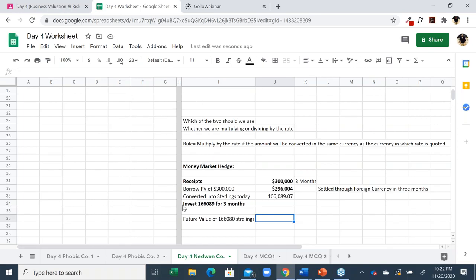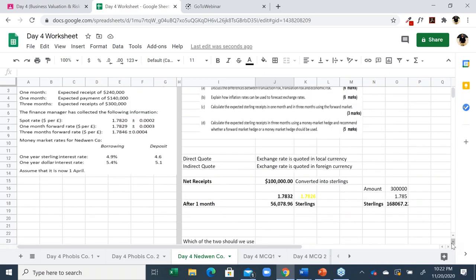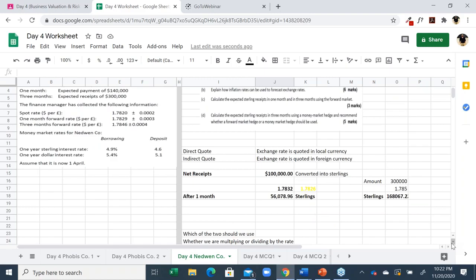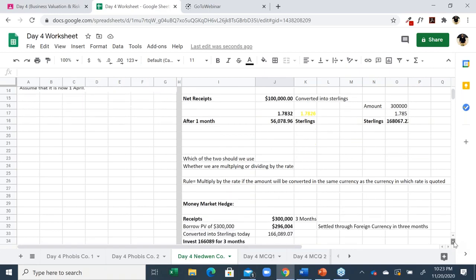Now we are investing the sterlings, so we should pick the investment rate of pound sterlings. What is the investment rate of pound sterling? The deposit rate of sterling is 4.6% annually, and we need to convert it into quarter.